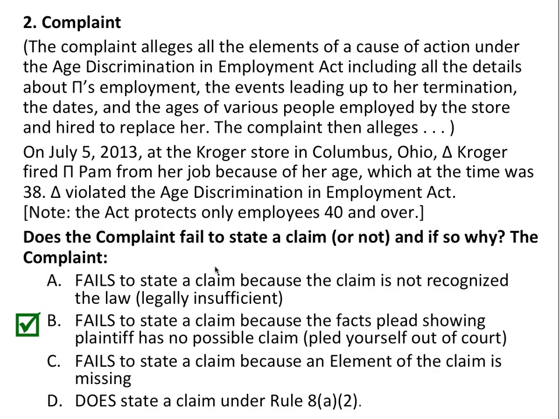The plaintiff has pled herself out of court. Why? She has pled that she was fired, and at that time she was 38 years old. However, you're told that the statute only grants a cause of action if the employee is 40 years or over. Therefore, she set out facts showing it's impossible for her to recover. She's pled herself out of court.